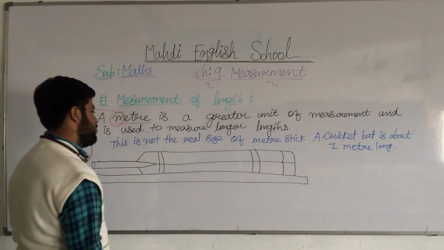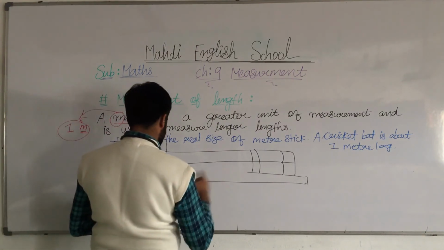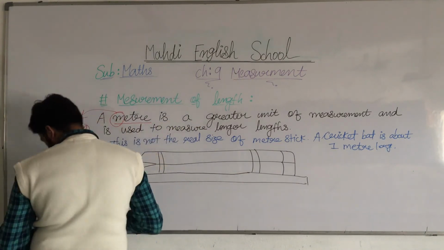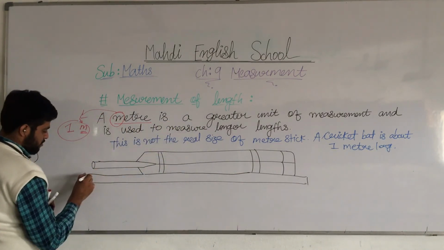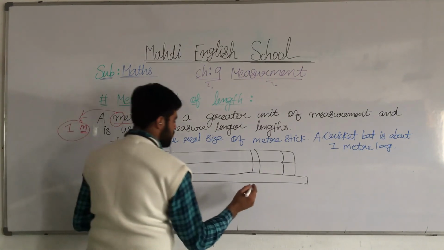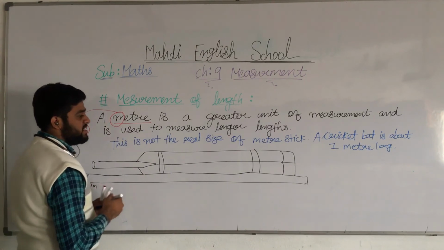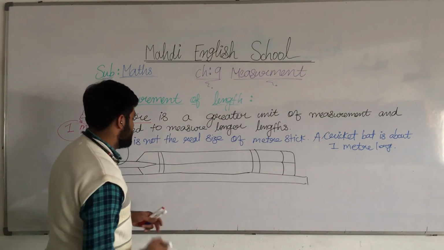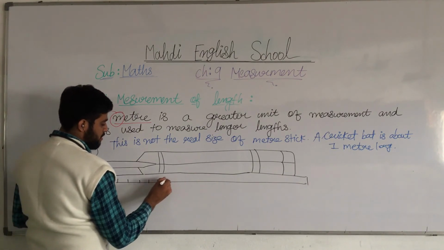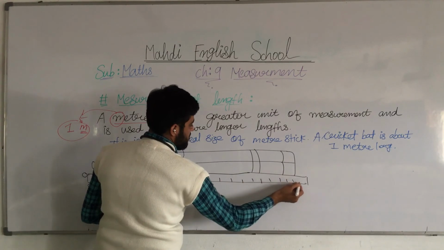I hope you all know what this is, the bat. Okay, it's a cricket bat, and it started from 0. 0 meter. Okay, it's not a small scale, it's a big scale. It is the meter scale, not a centimeter scale, my dear students.